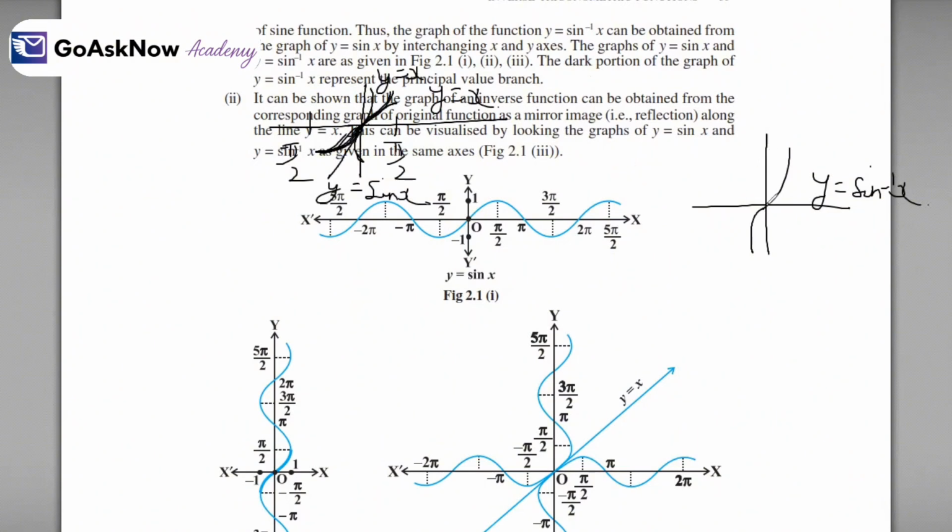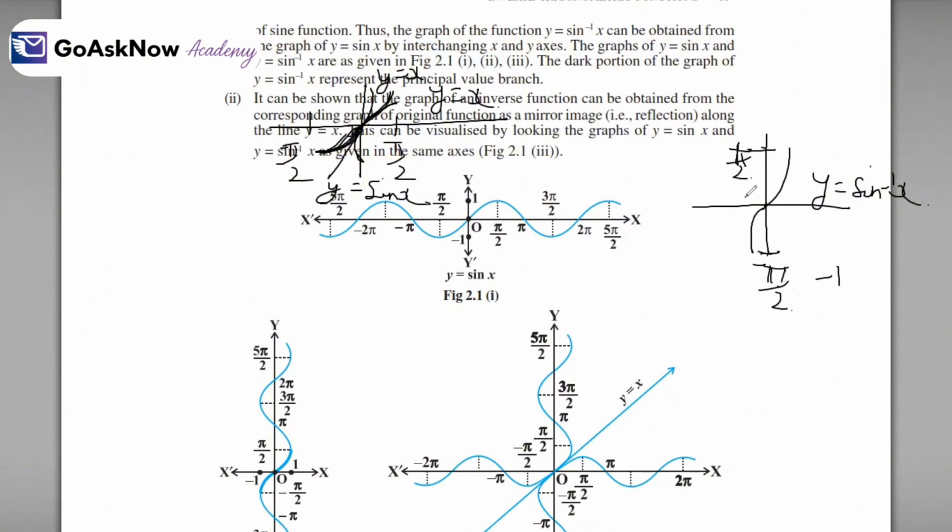This is your one value, and this is minus one value. This is your domain: minus one to one is becoming your domain here. Just a second, I have to draw it. This is minus pi by 2, and this is pi by 2. So this is your range.